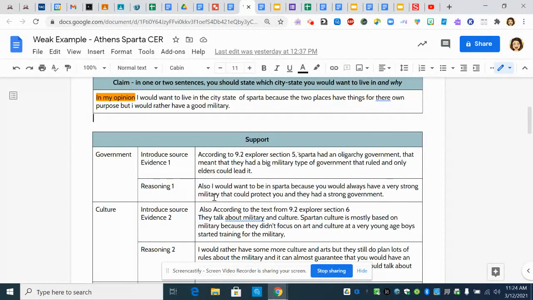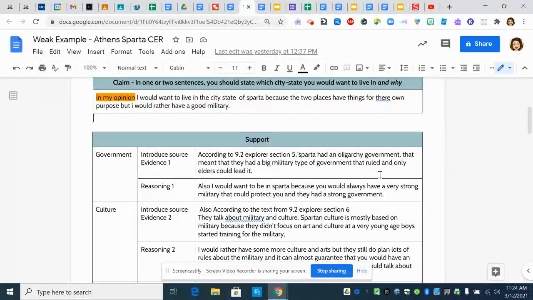Then when I look at this student's reason, also, I would want to be in Sparta because you always have a very strong military that could protect you, and they had a strong government. So now this student not only is repeating something that was here, but didn't connect the dots to why it's important to have a strong military. He does say that they could protect you, okay? So his or her reasoning should have been how to explain that the oligarchy type of government ruled and only elders could lead it.